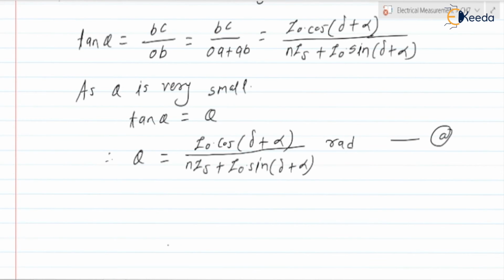Now I0 is very small compared to N into IS, and thus we can neglect the term I0 into sine of delta plus alpha.